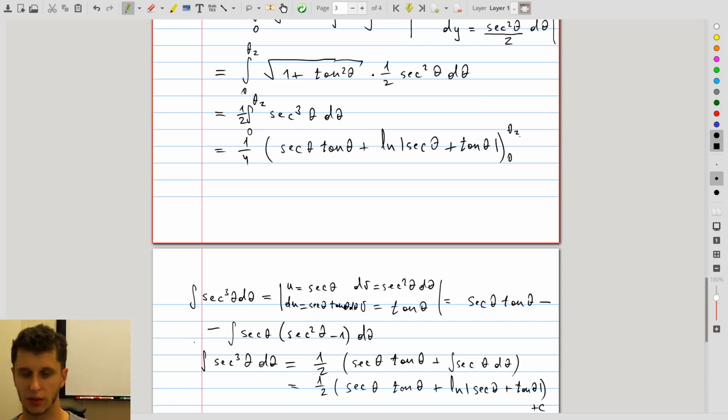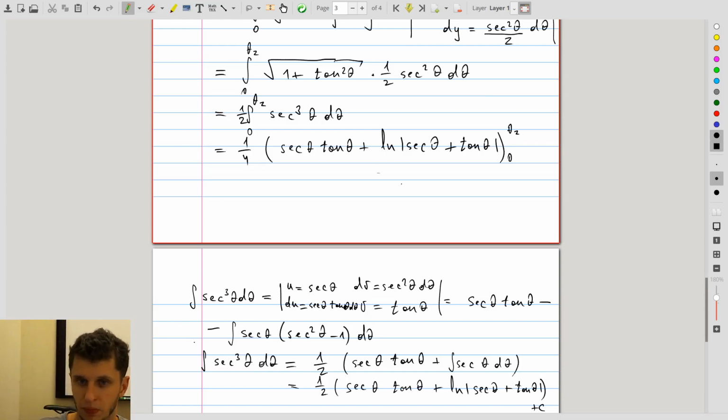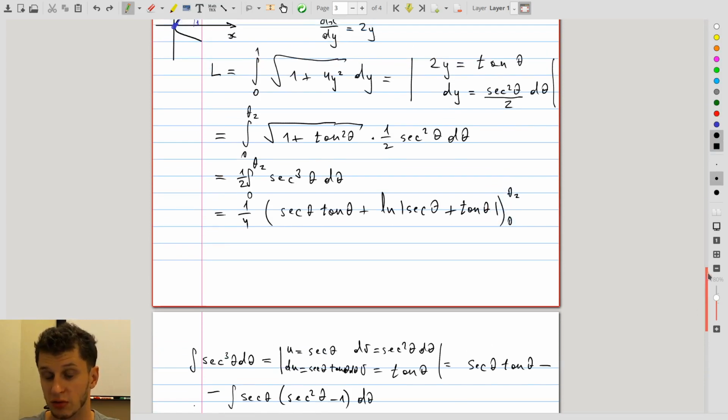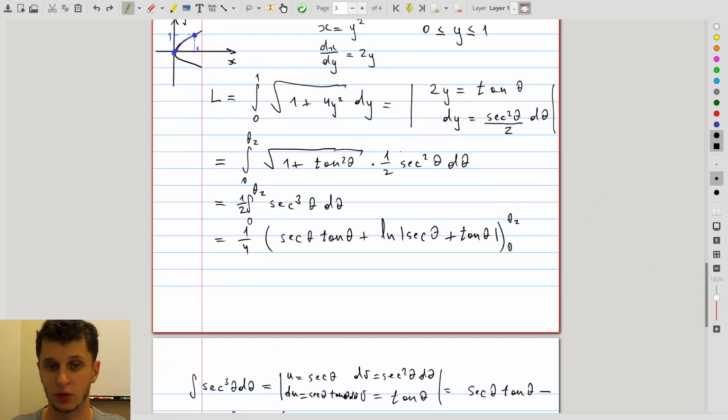Now the beauty of this question is that I get to actually evaluate this difference from 0 to theta 2 without knowing what theta 2 is. So I don't specifically care about what is theta 2, right? I only care about what is the value of secant of theta 2.